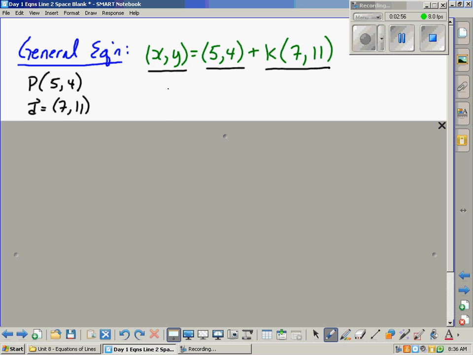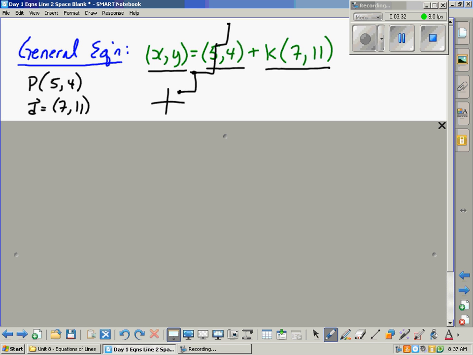So if we were at 5, 4, which is someplace around here, and we wanted to add just regular 7, 11, so k would be 1, okay? So if you're at 5, 4, and you add x equals 7 and add y equals 11, you're going to go over this much 7 and this much 11, you get to another point. And that describes another point on the line. And then I could keep doing this and add 7, 11, 7, 11, and you get all these points that describe the line.